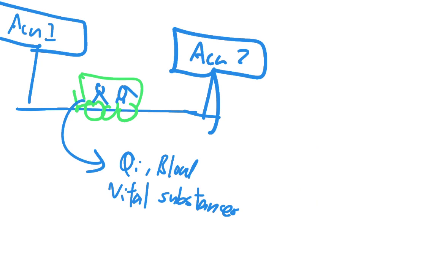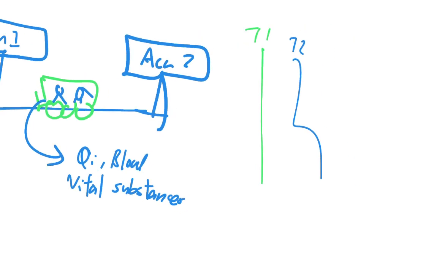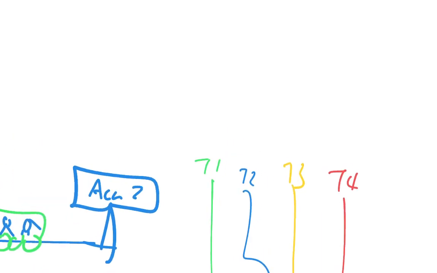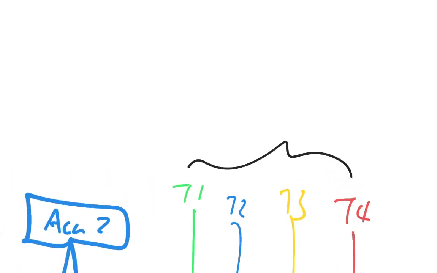We also have different lines, T1, T2, T3, T4. You can think about these train lines as the channels or the meridians, and together they are called the channel system or the meridian system.